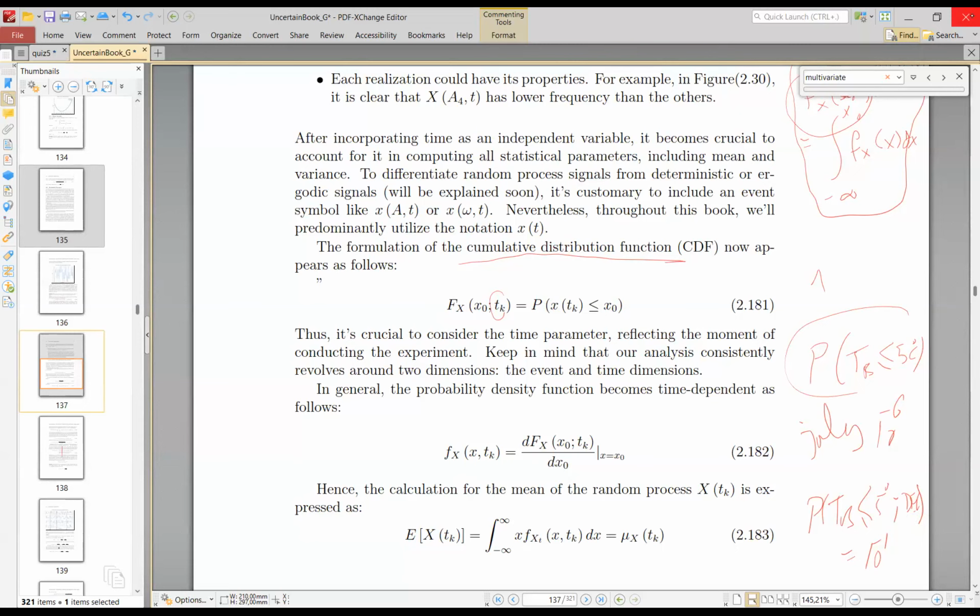I hope now that the connection is clear between the random process and the random variable. The temperature every day, or the average temperature per month, is a random variable itself. But at the same time, if you define the time, it becomes a random variable. If we define the temperature in July, and we define July, that's it, then the temperature becomes a random variable.